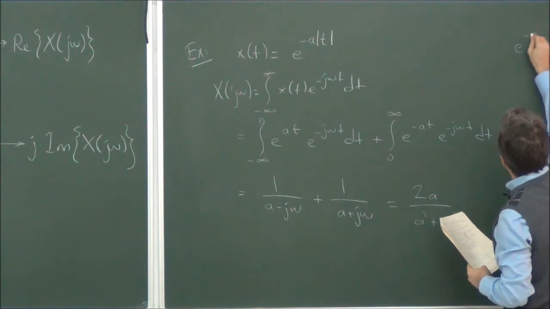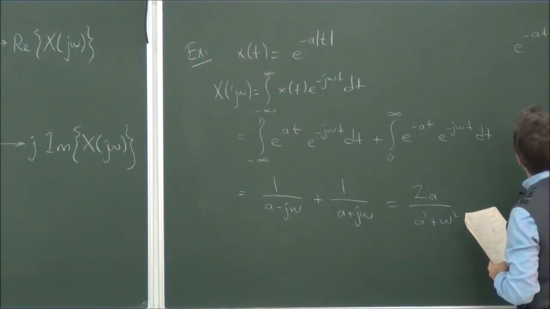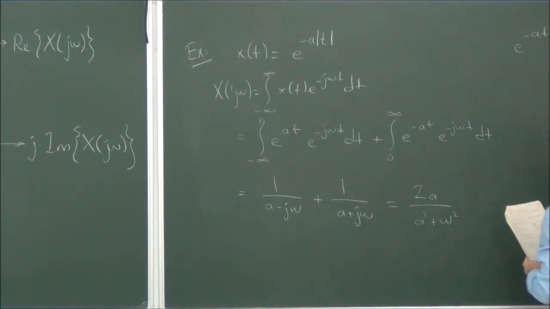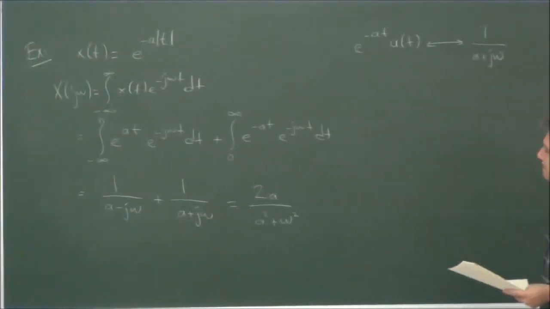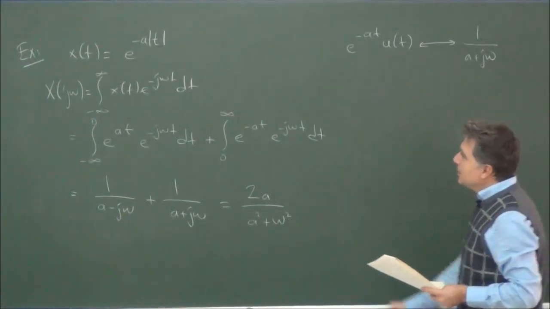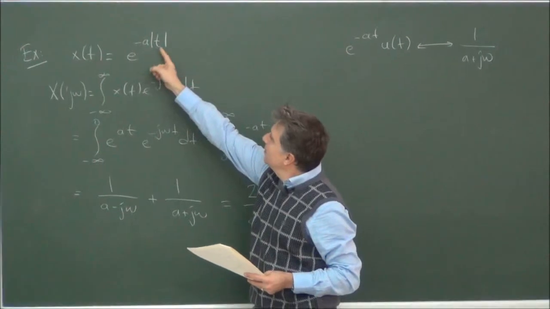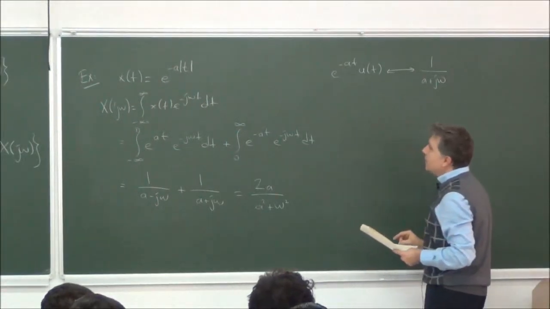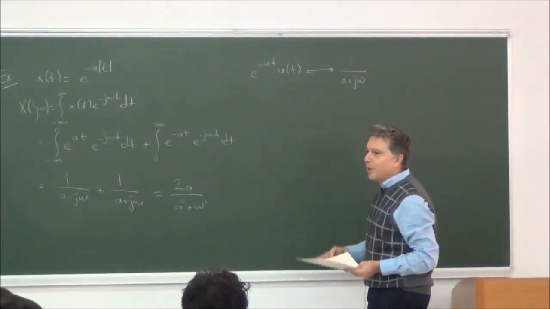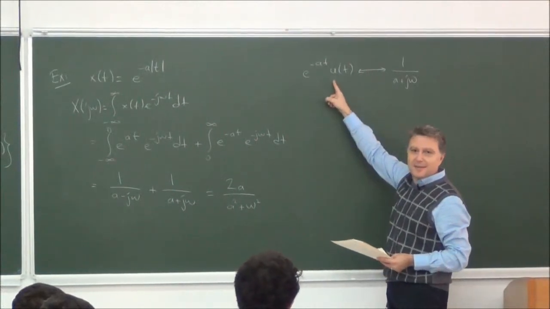What is the Fourier transform of this? The right hand side: 1 over a plus j omega. This was the Fourier transform. Now, interestingly, this new signal that we have is the even part of the signal.